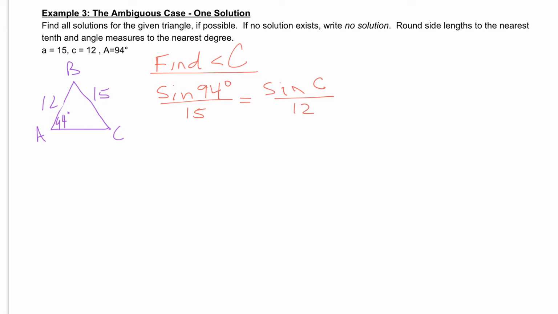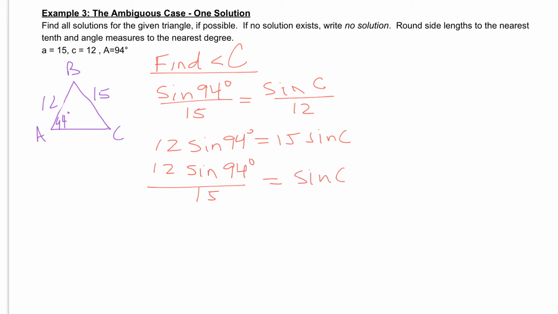If we cross multiply, we get 12 times the sine of 94 degrees equal to 15 times the sine of C. Again, we're looking to get C by itself. Right now it's attached to that sine. So my next step is to divide both sides by 15. And I get 12 times the sine of 94 degrees over 15 equal to the sine of C.